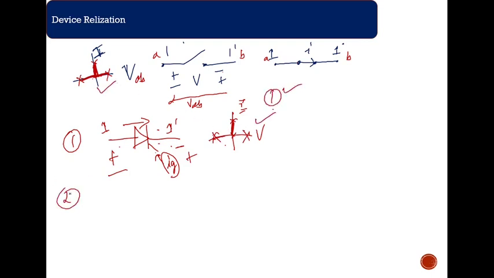If I give you the second option, in this fashion, what will happen? This is 1 and this is 1 dash. If I apply plus and minus, and this is the IV characteristic, the current cannot flow in this way.